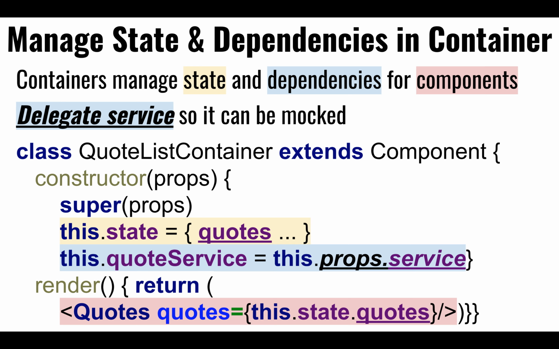But also notice here that for the service, we're not getting a hold of the instance of that service like we normally do, getting the get instance from the singleton. Instead, it's being passed to us as a property. If somebody is passing us the service, this is also a means of decoupling the state management from where the data actually exists.